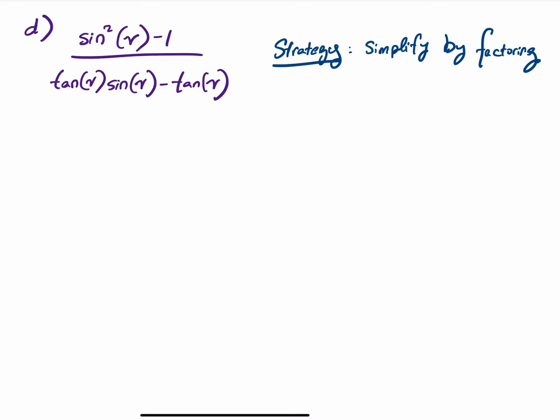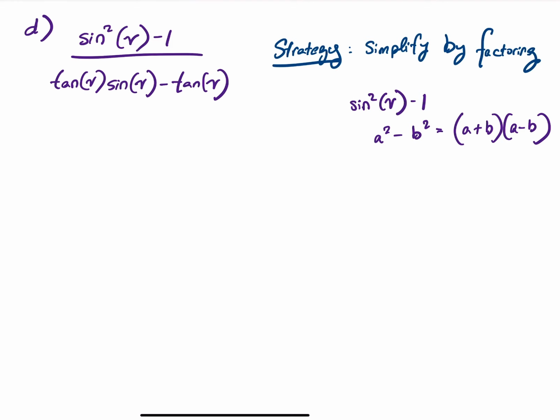So what can we factor here? I see a couple things. If we look at just the numerator, we have sine squared of v minus 1. So recall the method of difference of squares factoring. If we have two things like a squared minus b squared, recall that this can be factored into a plus b times a minus b.